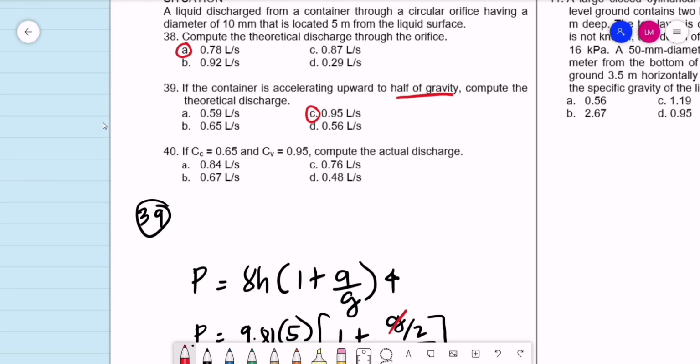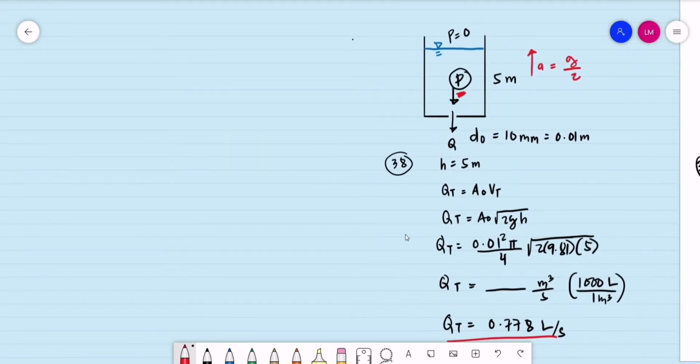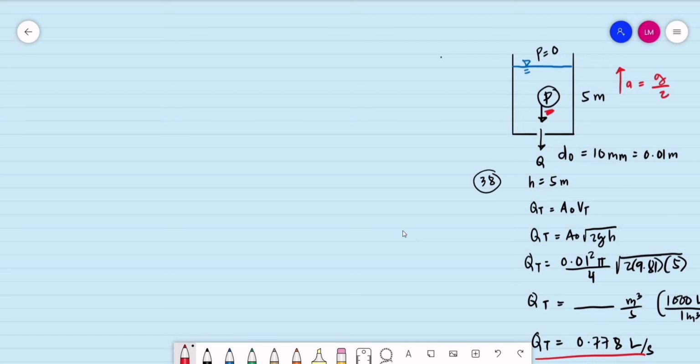Sa question number 40, meron na tayong mga coefficients this time. If C sub C is 0.65 and C sub B is 0.95, compute the actual discharge. Okay, kaya lang hindi niya binanggit dito sa question number 40 kung anong situation.